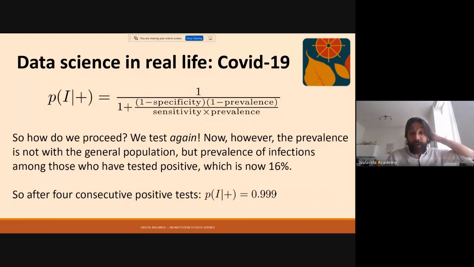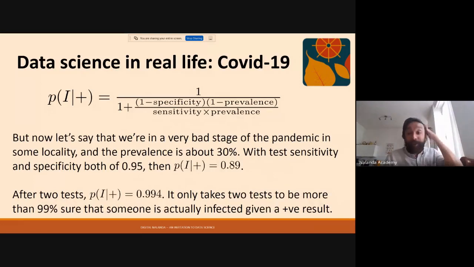But if the prevalence was very bad, let's say you're in the middle of an epidemic and in your locality almost 1 in 3 people have it, then just doing 1 test means that the probability that you're infected goes up to 89%. If you ask yourself why that is true: if your false positive rate is 5%, but you know that 30% of people are indeed infected, then it is much more likely that this is a true result.